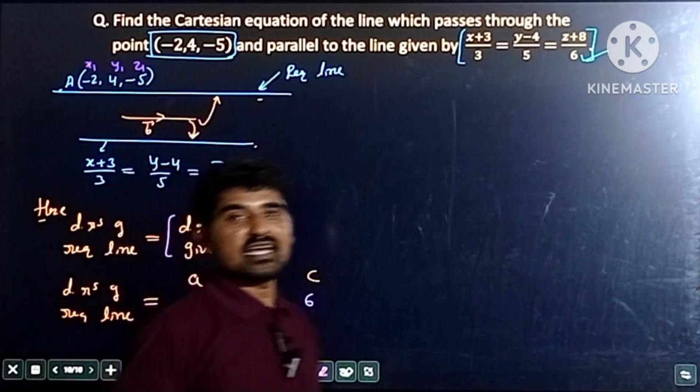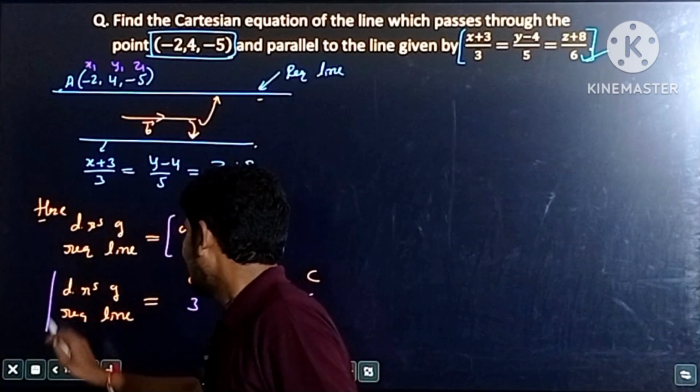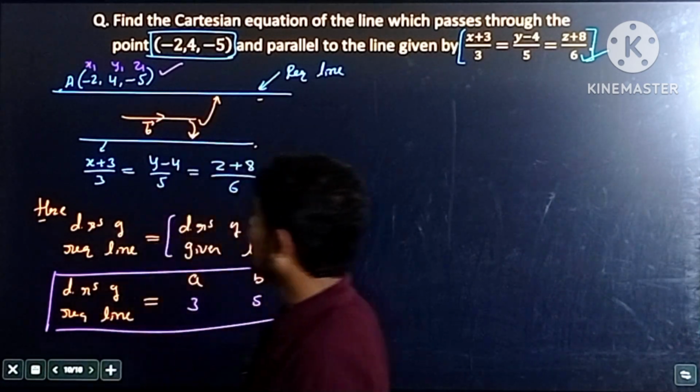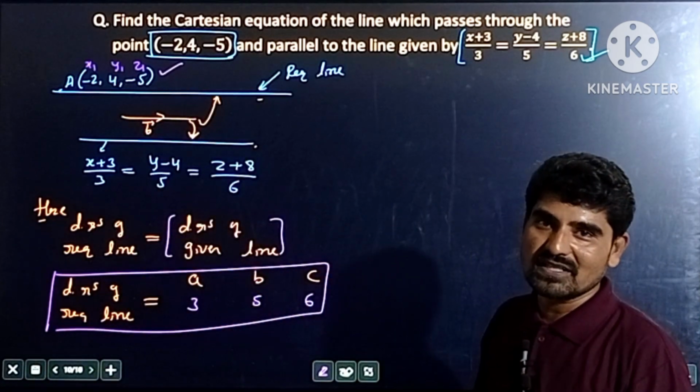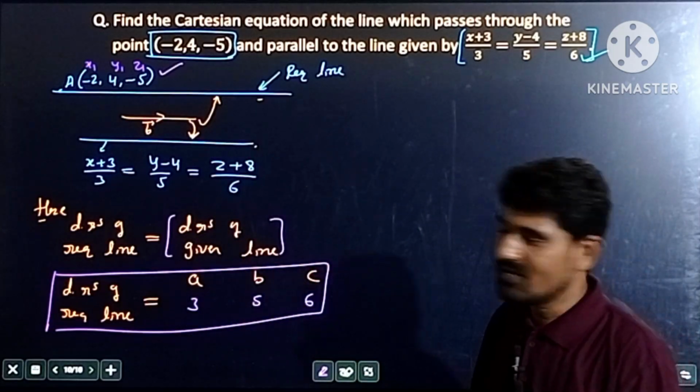So we got the direction ratios of the required line as well as the coordinates of the point through which the required line is passing. So just substitute these values in the Cartesian equation of the line.